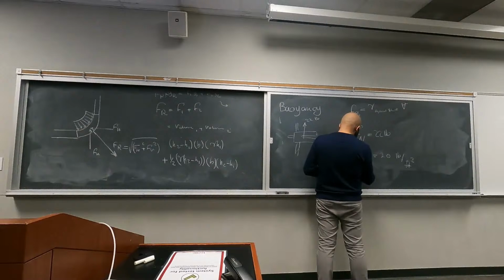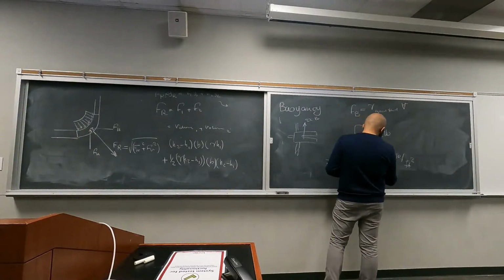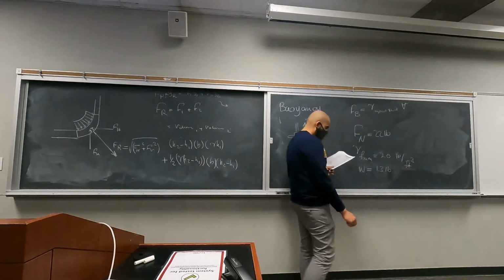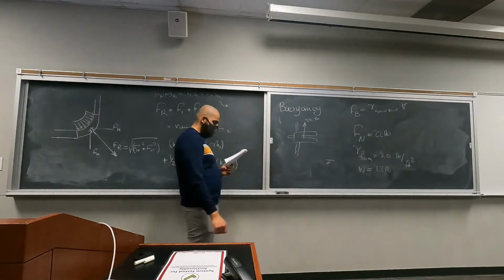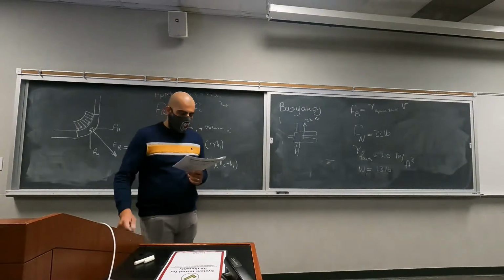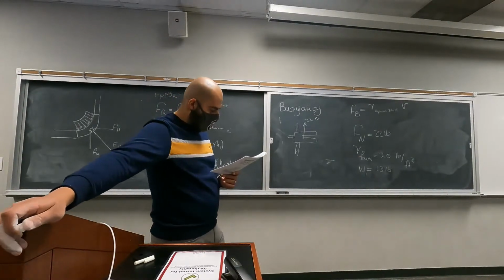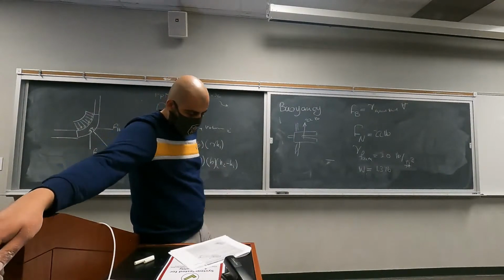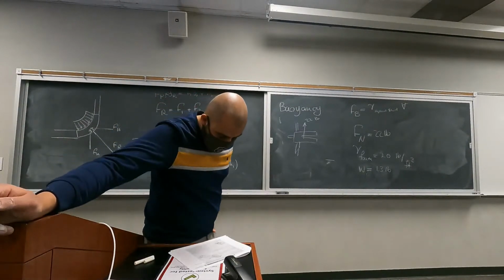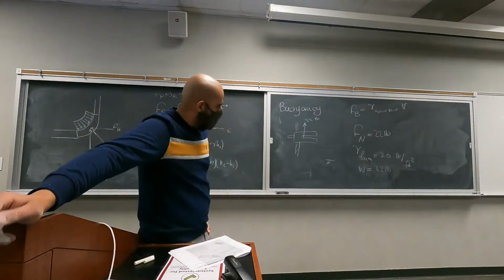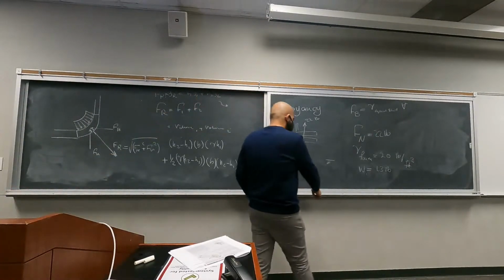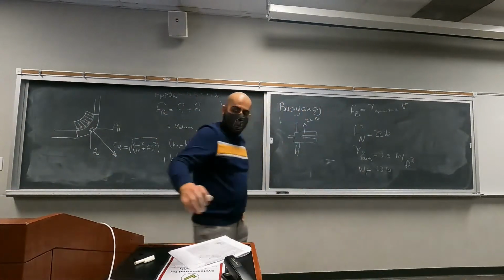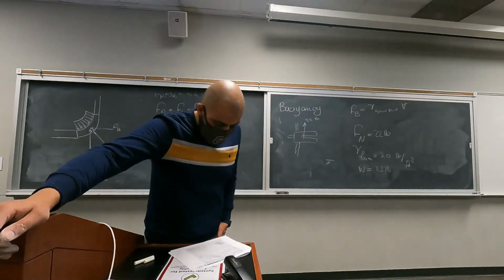So weight of the rest, just gonna call it W, is going to be 1.3 pounds. And the volume of the whole thing is negligible. We want to find the volume of the foam needed for this life jacket.